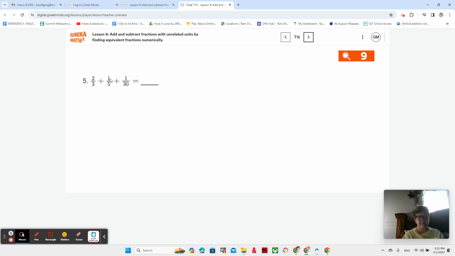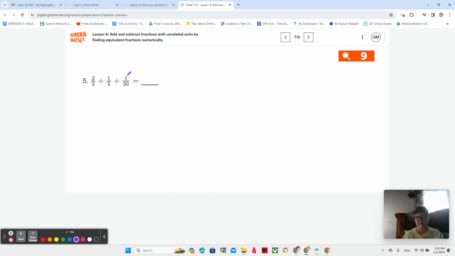And he had 2/3 plus 1/5 plus 1/30. Now let's think about that. Another one with thirds, fifths, and 30ths. I can't change my thirds and my fifths, but I could multiply these two together and make 15, right? Because 3 times 5 is 15 and 5 times 3 is 15.